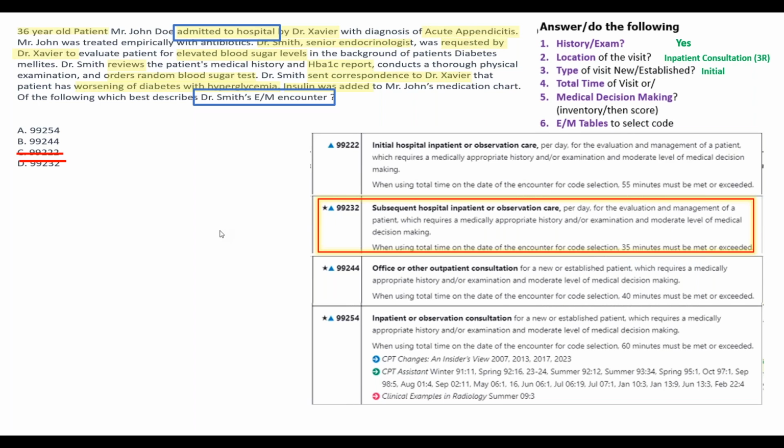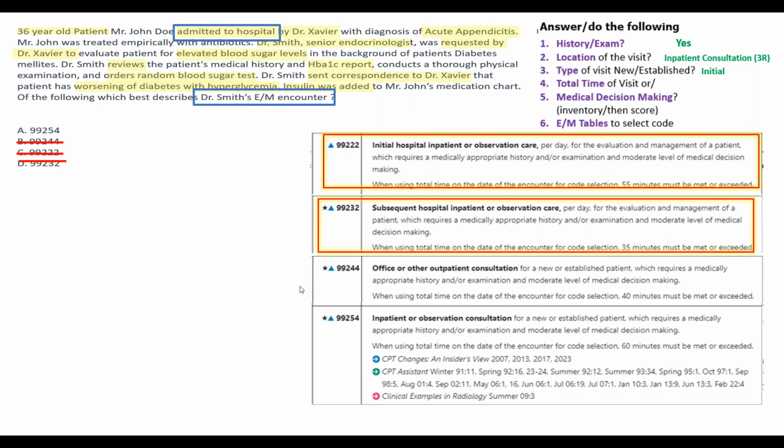Let's look at the next option, C, which is 99222, an initial hospital inpatient or observation care code. Once again, what we are looking for is an inpatient consultation code, so option C is also incorrect. Option B, 99244, is for an office or other outpatient consultation.